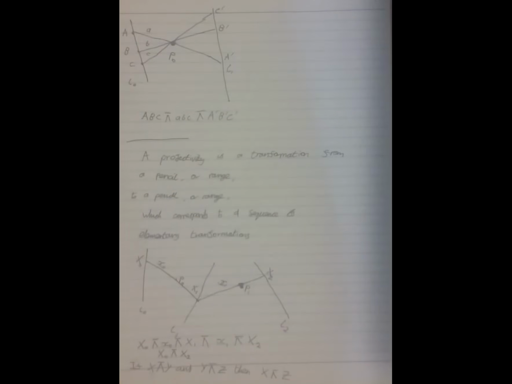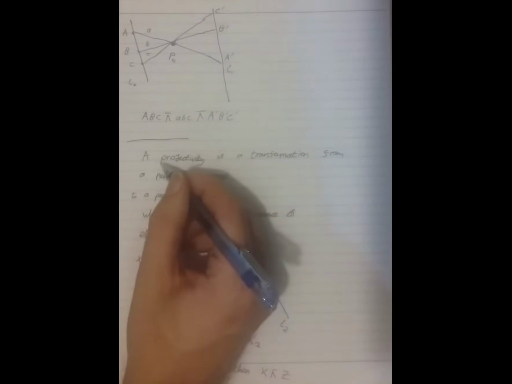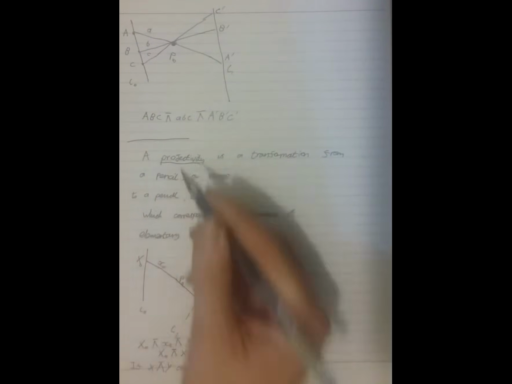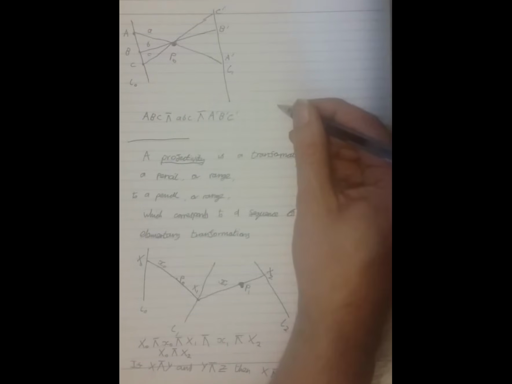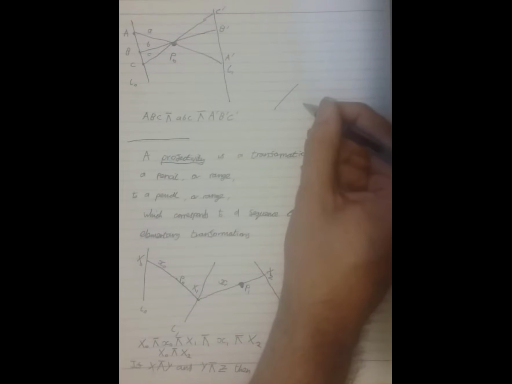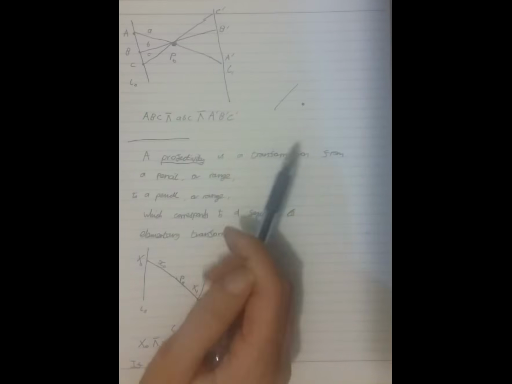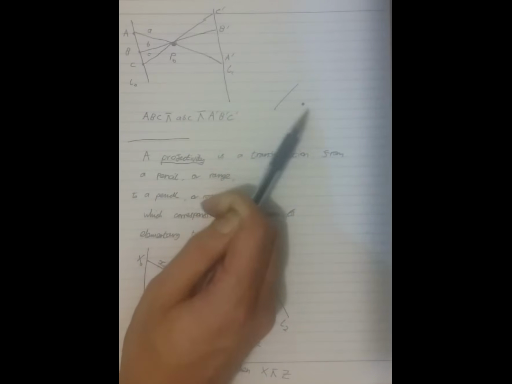Okay then, so I'm defining this fundamental notion of a projectivity as a sequence of elementary correspondences. But there's something important I forgot to say about elementary correspondences, and that is, say you have a line and a point, and you're wanting to do an elementary correspondence between the two.